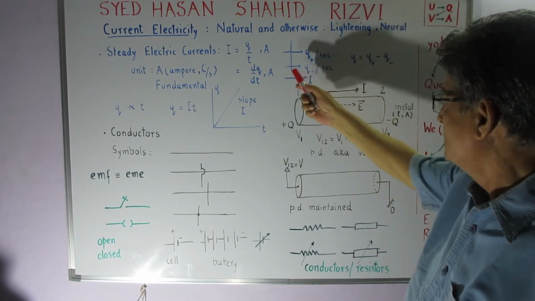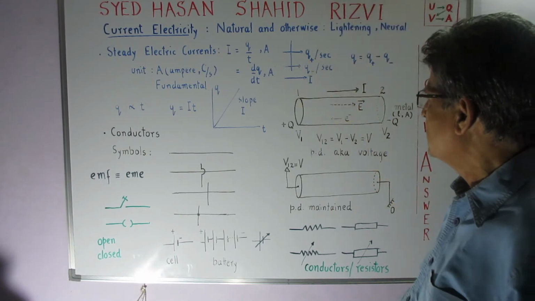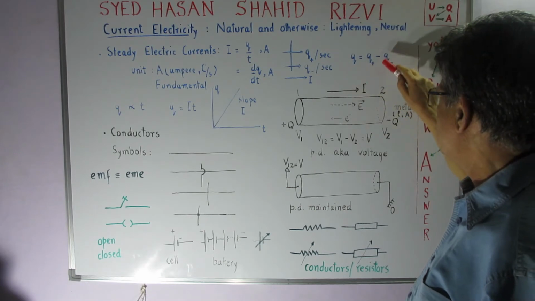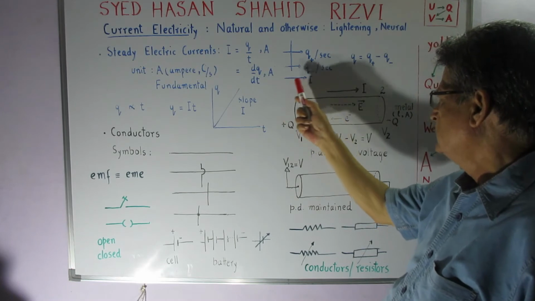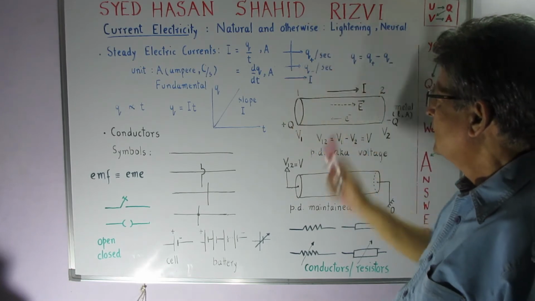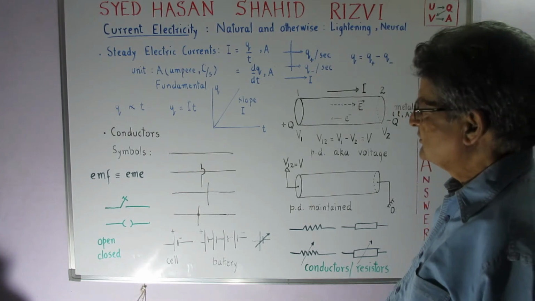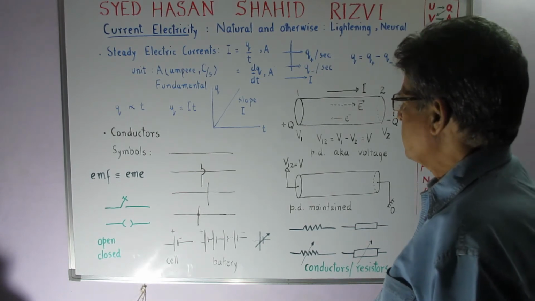So this will result in a net flow from left to right, and that will be Q equal to Q plus minus Q minus. As a result, the electric current which flows through the system is known as I, and in the system of units that we talk about it is amperes.